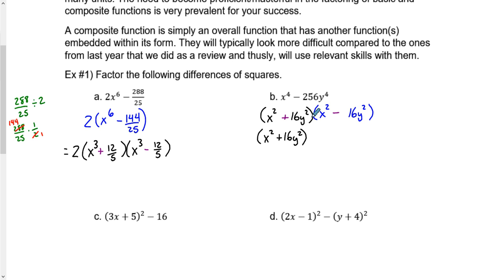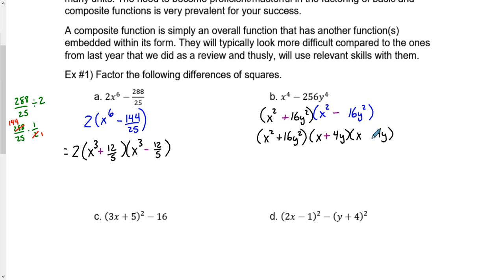But we can do more with this one because we do have a square and we're going to subtract a square. So this is another difference of squares, which we can simplify one more step. The square root of x squared is x, and the square root of 16y squared would be 4y.